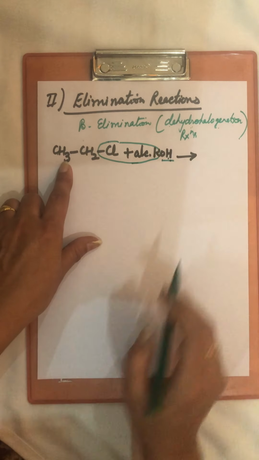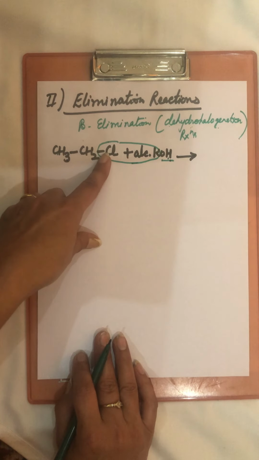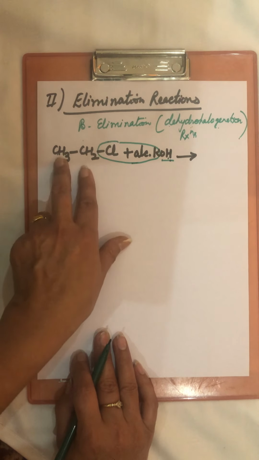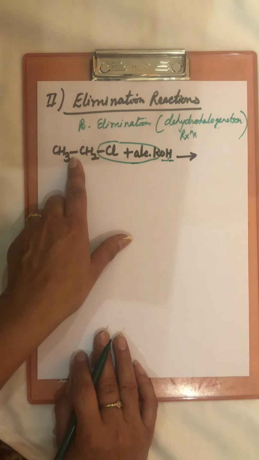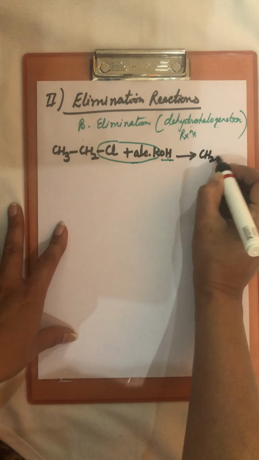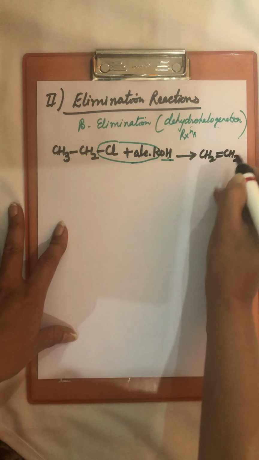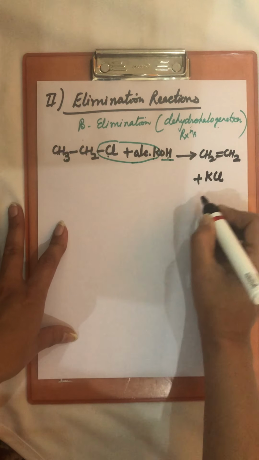So if one H comes out from here, this becomes CH2 and halogen goes out from this carbon. From both the carbon atoms, one atom is leaving. So between the two carbon atoms, there will be a double bond. CH2 double bond CH2 will form. And this Cl combines with K to form KCl.